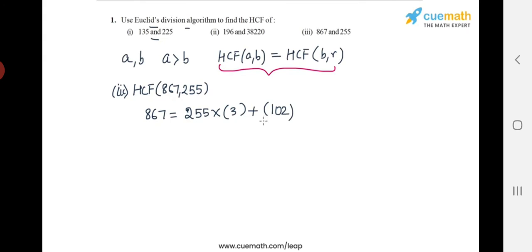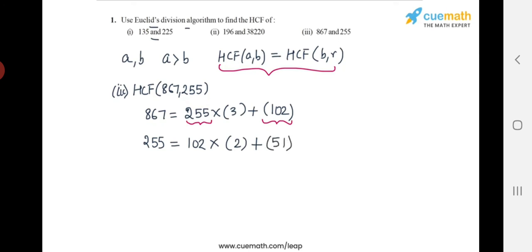Now, since the remainder is 102, which is non-zero, we now apply Euclid's division lemma again to this pair of numbers 255 and 102. So this time we will get 255 is 102 times 2, which is 204, and that leaves a remainder of 51.